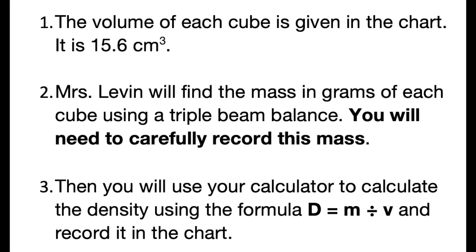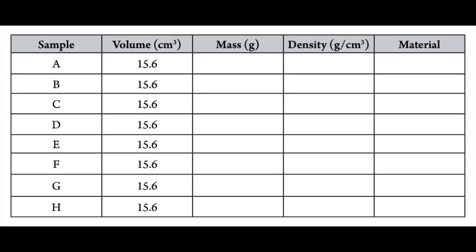Number 4, Table 1 shows a chart that is sectioned off for volume, mass, and density for the unknowns A through H. Let's measure the mass of the sample cube, Mrs. Levin, and then fill this in. Okay, so if you look at your chart, you'll see it has sample A, B, C, D, E, F, G, and H. I have labeled them.